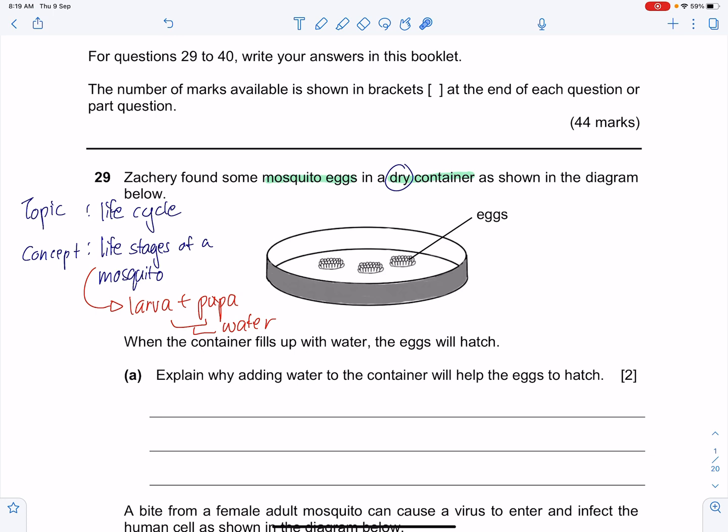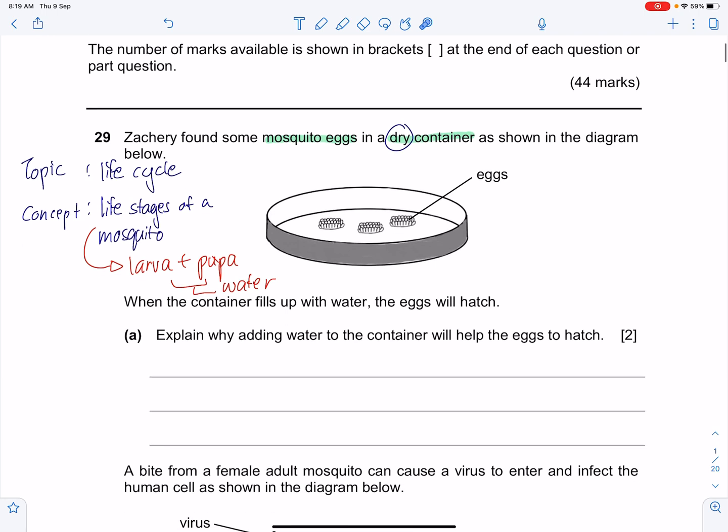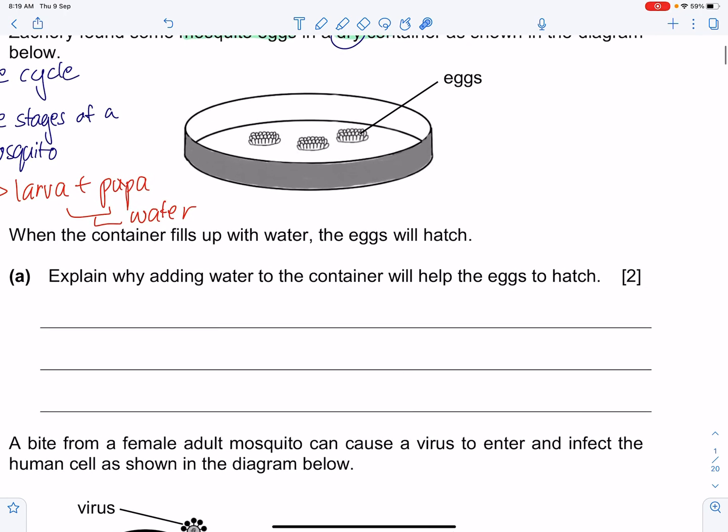You know that your pupa and larva cannot survive if there's no water, and hence the eggs will not hatch. So how would you say this? It is not good enough to just say "the young". That is very non-specific. Because we're all learners of science, you need to start using very specific answers.